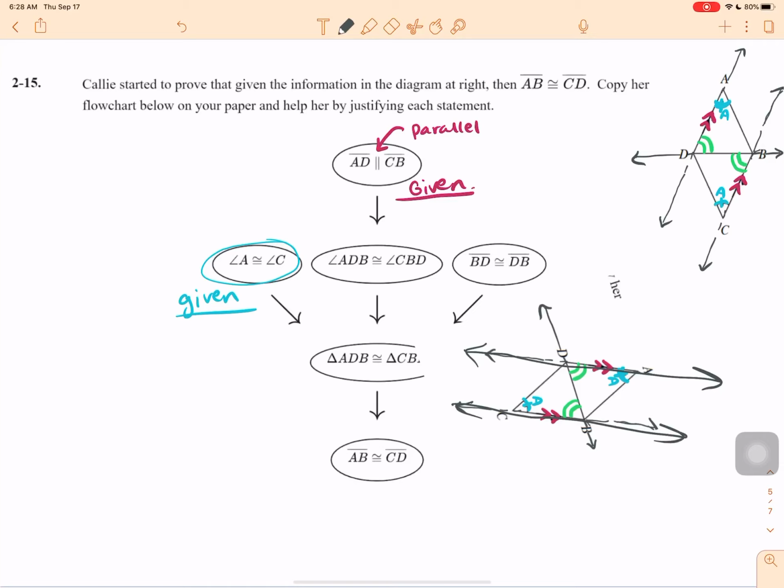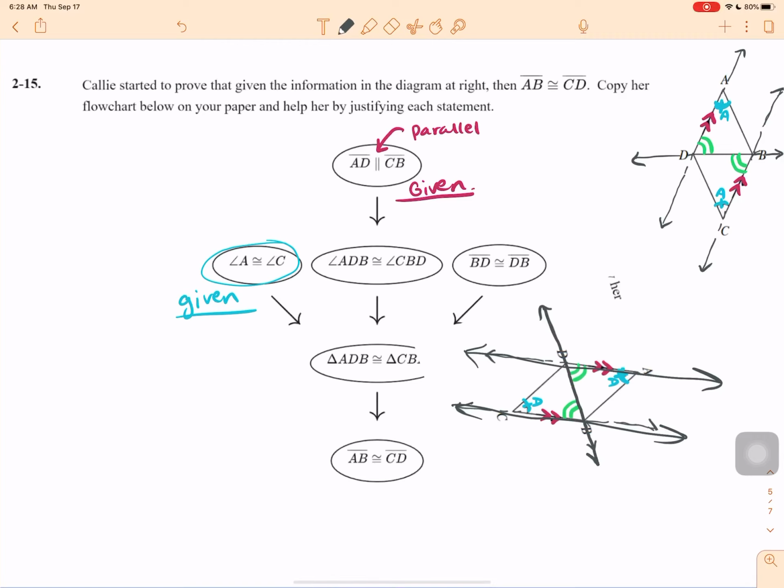And then you have this transversal here. Well, that was not pretty. You have this transversal here, so you can see then that these are alternate interior angles, right? So that's how you guys would want to go about that.